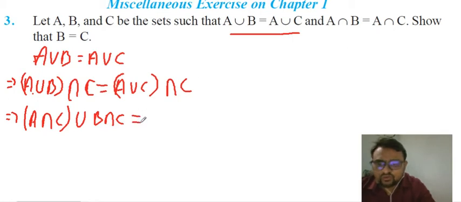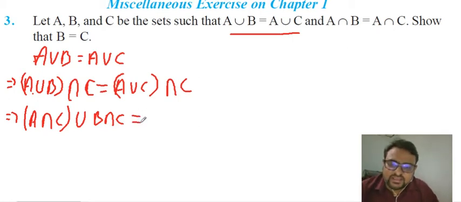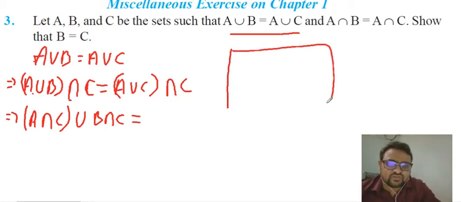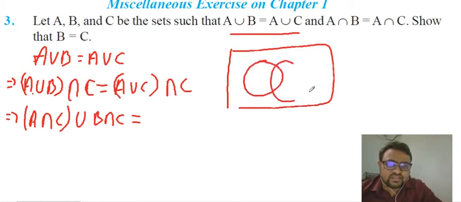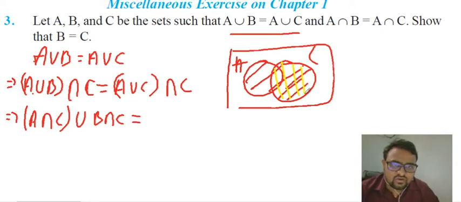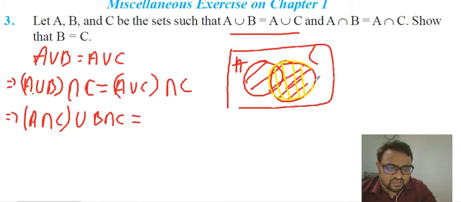This will be equal to, now if I take (A union C) intersection C, see, if I show you in a Venn diagram, if it is A and C, then this will be A union C intersection C. Clear? This is (A union C) intersection C. So this is the common region you will see here. So what is that?